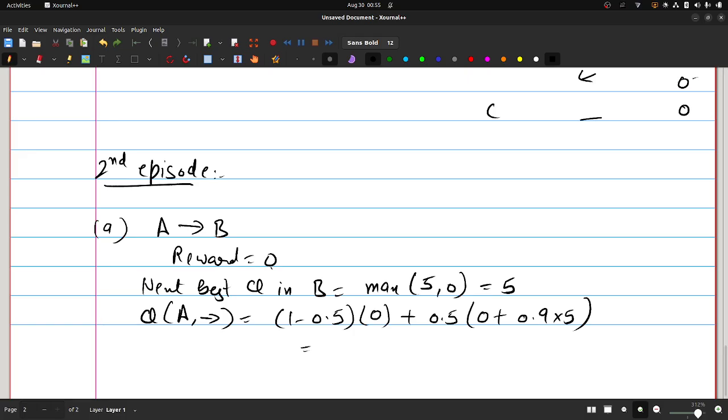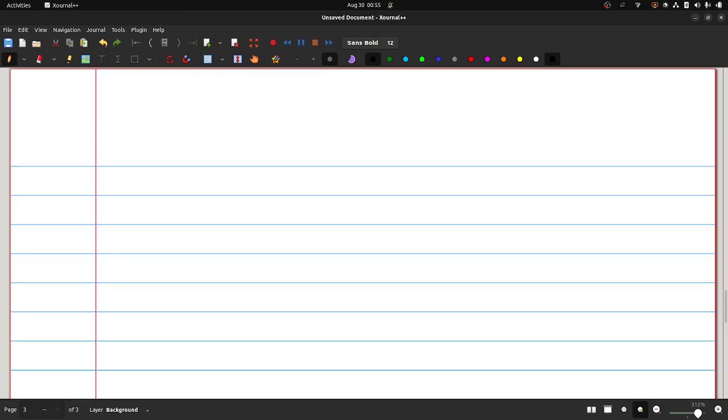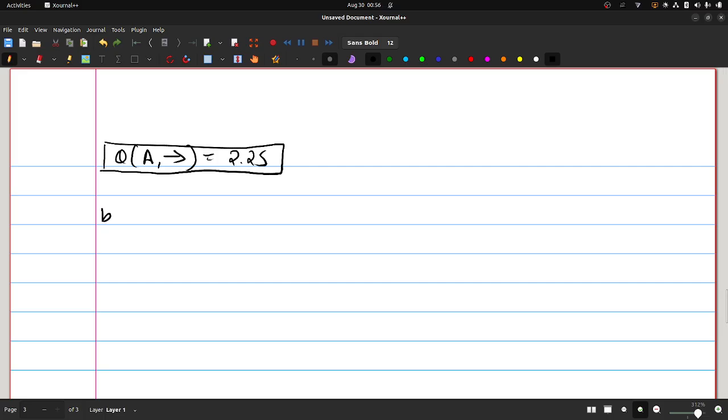So it is equal to 2.25, right? So the Q value from state A when it takes an action towards right is 2.25.